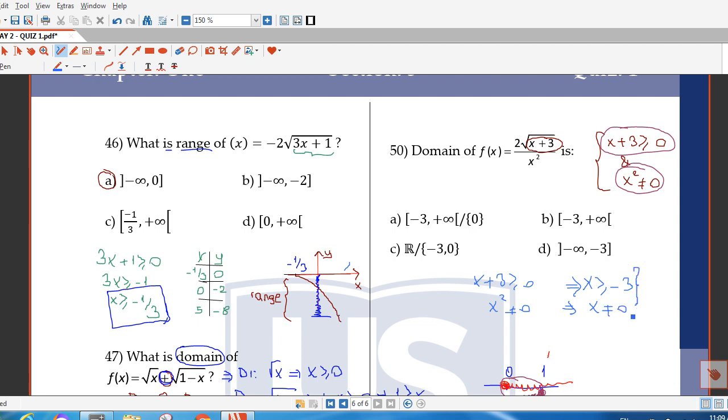The intersection region on the number line is like this: negative 3 included and greater than negative 3, but 0 is in this region, so except 0. What are we going to say? The numbers from negative 3 to infinity except 0 is the answer. It was the last question of quiz 1.